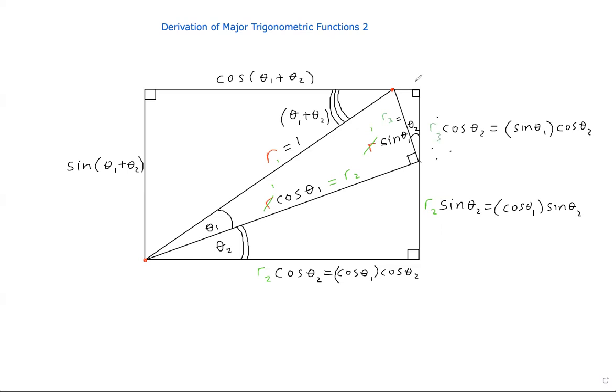And we'll do a similar computation for this side, except this is the opposite side of theta sub 2. So this is r sub 3 times the sine of theta sub 2, and that equals sine of theta sub 1 times the sine of theta sub 2.